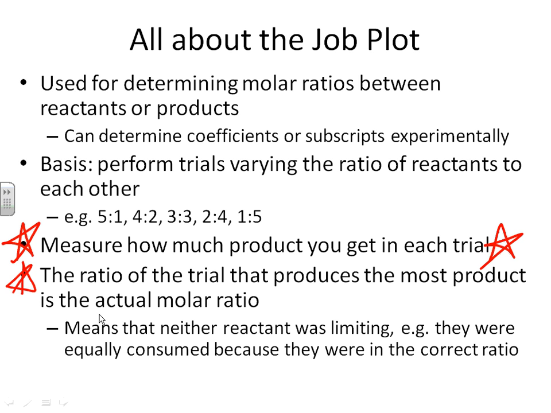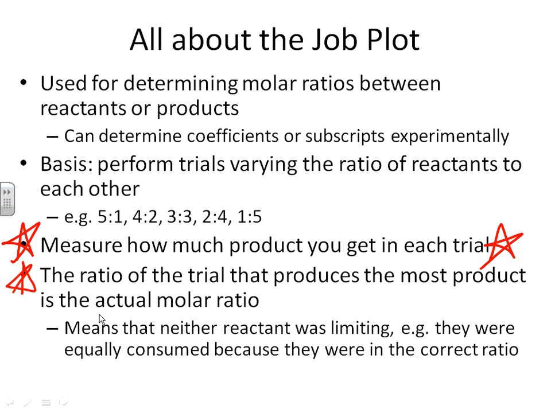If your reactants are not in the correct molar ratio, then you're going to have too much of one and not enough of the other, right? Because they're not in the right ratio. That means that one of them is going to be limiting, and it will limit how much product you can actually make.